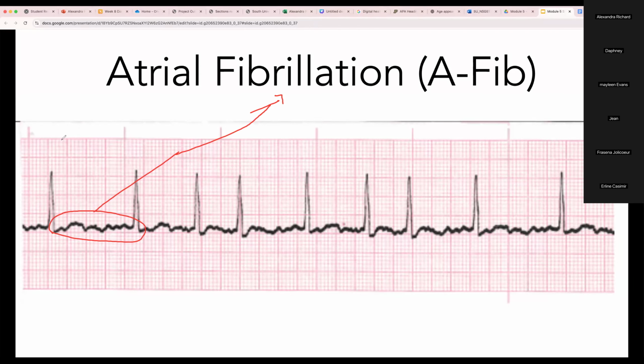So this is AFib, atrial fibrillation. Okay, so what do we call it when the patient has atrial fibrillation but they have a normal heart rate? What do we call it? Very good. We call that atrial fibrillation with a controlled ventricular rate.